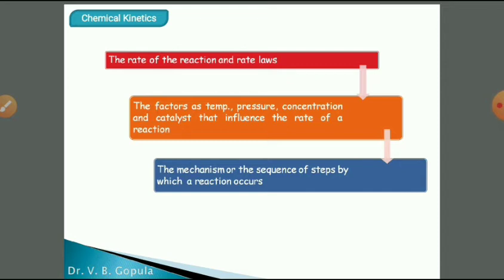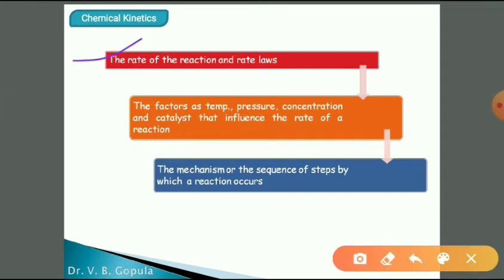The first one is the rate of a reaction and rate law. The second stage is the factors which affect the rate of the reaction, such as temperature, pressure, concentration and catalyst. They are the factors which influence the rate of the reaction. And finally, the mechanism or the steps involved in the reaction to complete the reaction to give the final product. So these are the stages involved in the study of chemical kinetics.